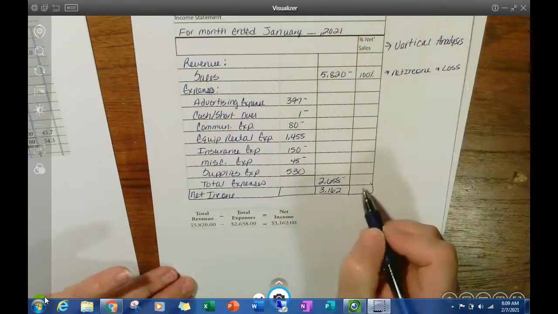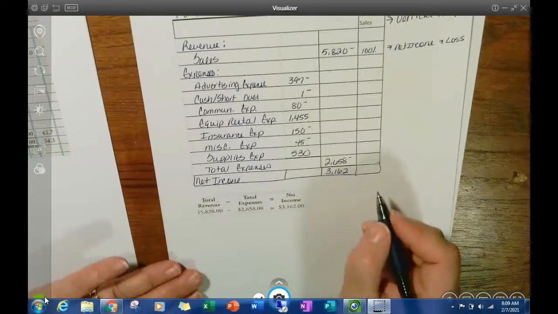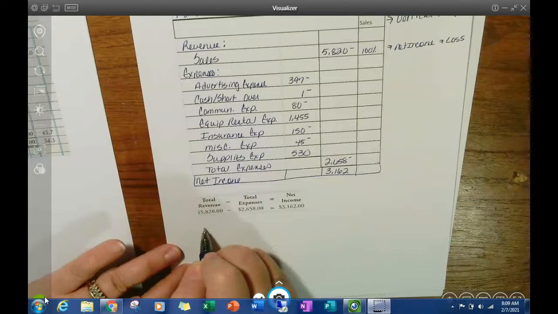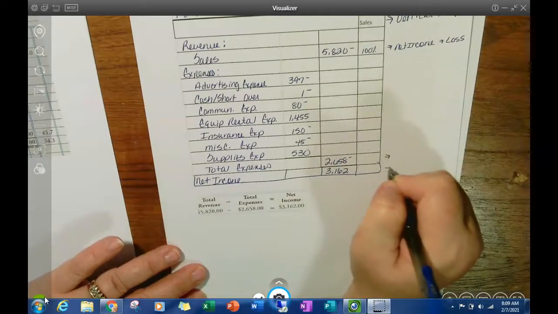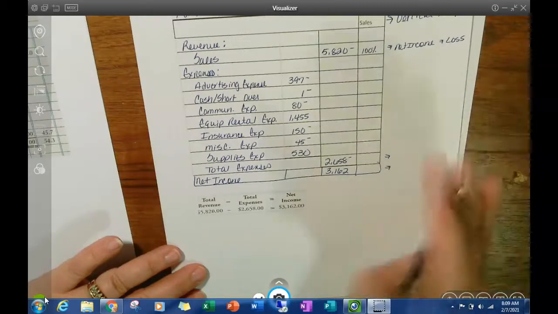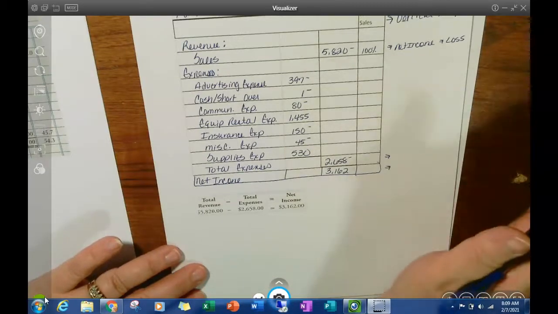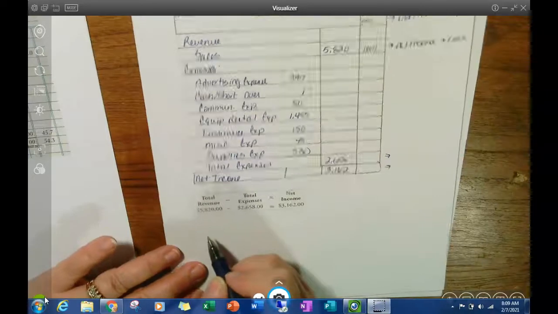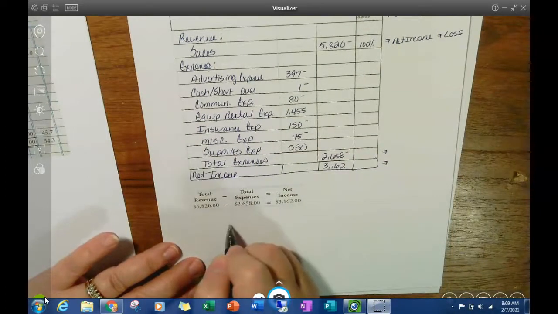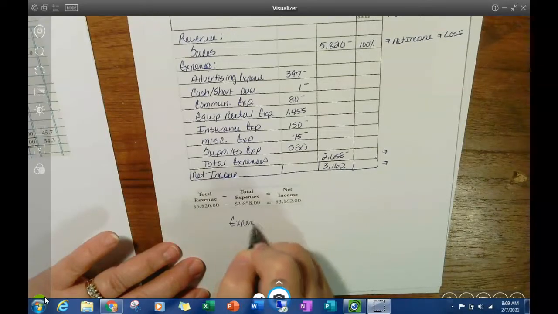In order to get the figures that you need to be able to analyze whether the business is doing well, what banks and external users and even internal users look for, they look for an expense ratio.